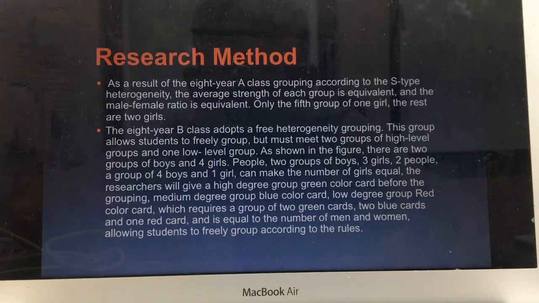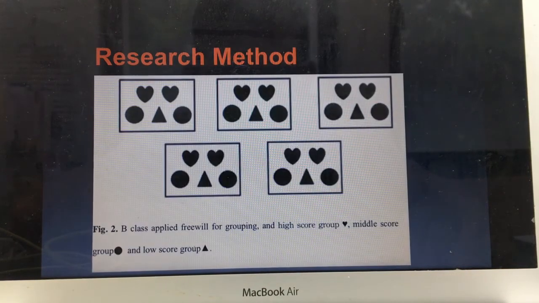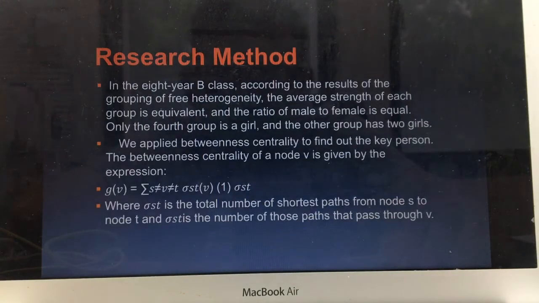We show that in the figure, like this one. The heart symbol means a high score group, the circle means a middle score group, and the triangle means a low score group.